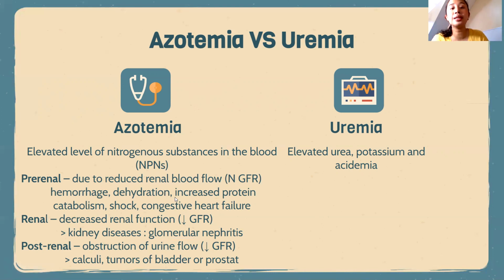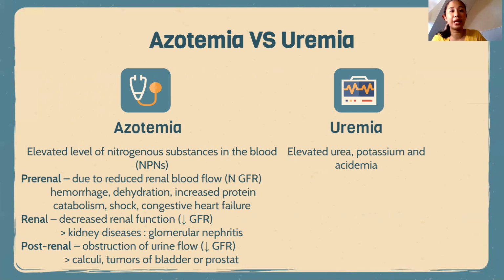So class, in pre-renal, there's nothing wrong with the kidneys, but there's a pathology before the blood passes through the kidneys. For example, hemorrhage, bleeding, dehydration. Our NPNs increase because with hemorrhage there's increased bleeding and increased protein catabolism, increased breakdown of proteins.